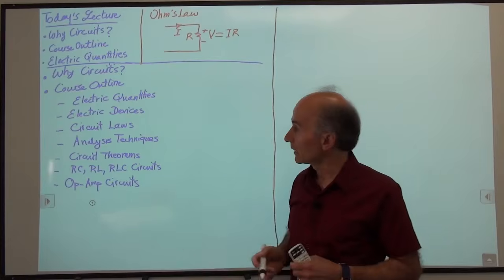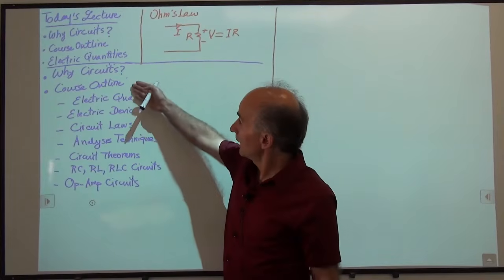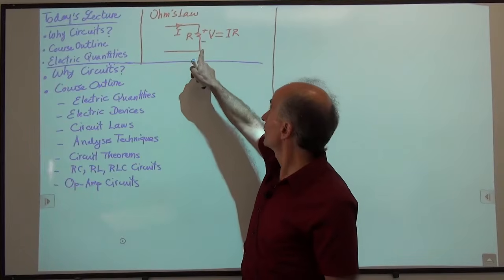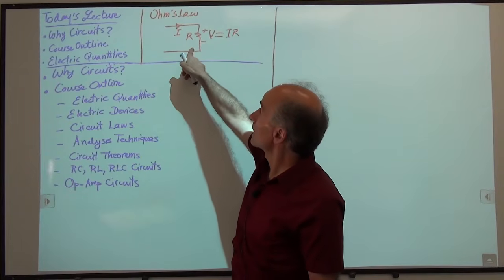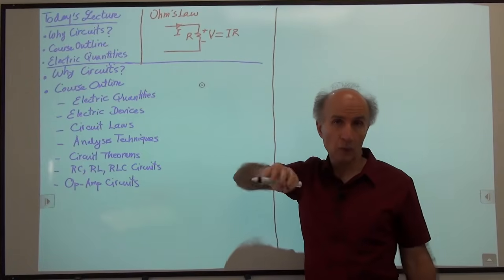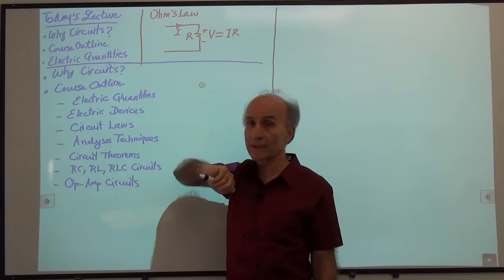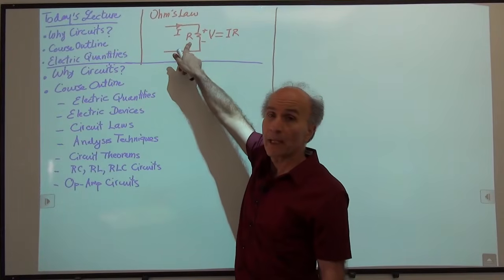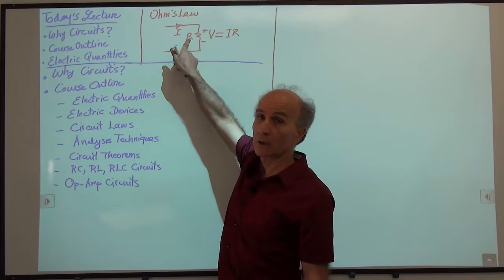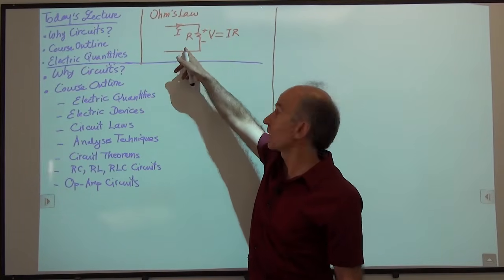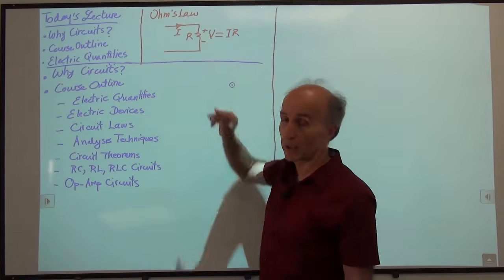All right, so before we begin studying any of these concepts, I need to refer you to the simple theorem that we have, Ohm's law. I hope you have seen this before. Ohm's law says that if we have a resistor of value R and we pass a current through it equal to I, then this resistor will have a voltage across it that is equal to IR.